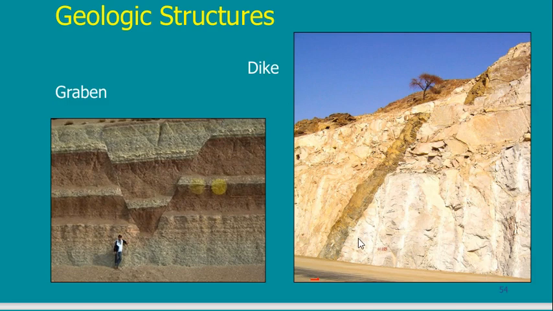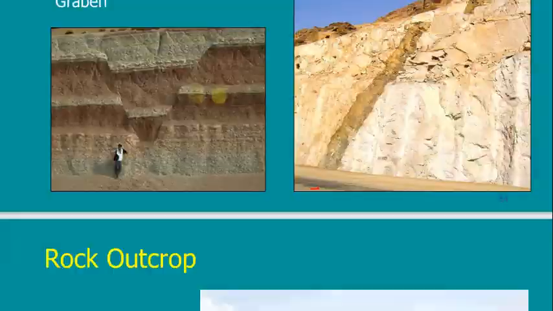Dike is just a crack in the top layer of, say, a sedimentary rock, and this crack is filled with molten material from an igneous rock below, or any material from a layer below.